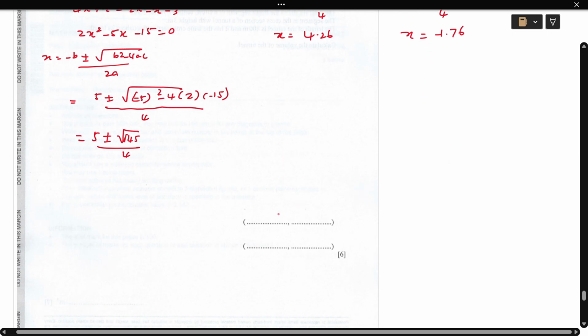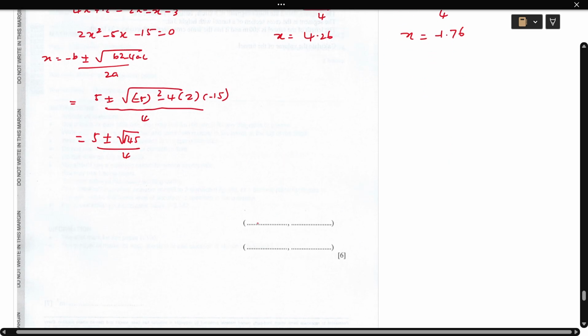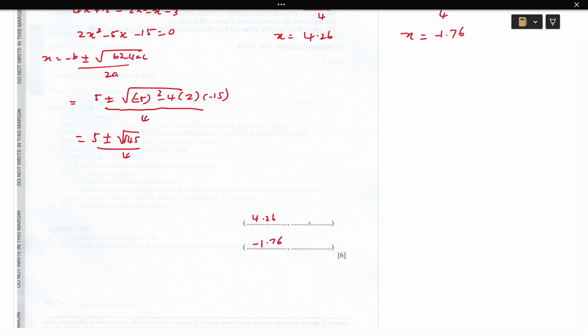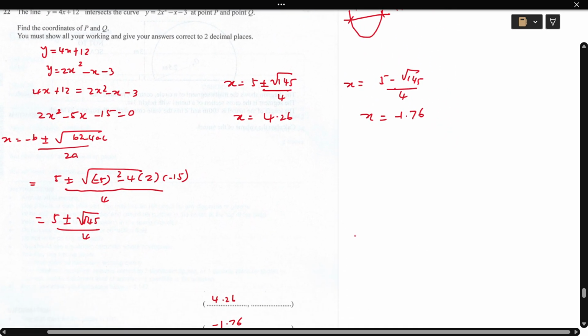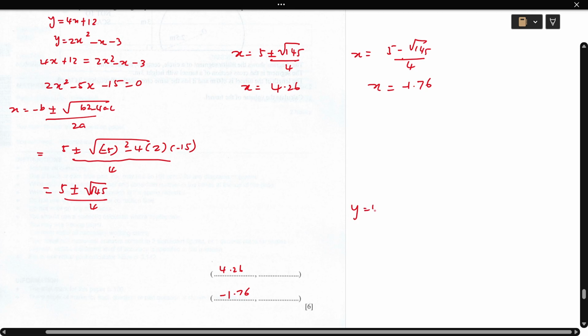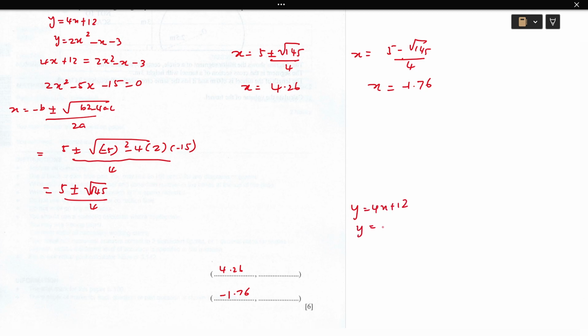So those are the two x coordinates: the first is 4.26, the second is negative 1.76. Now I put them into the given equation to get the y points. y equals 4x plus 12. First, y equals 4 into 4.26 plus 12, which is 29.04.